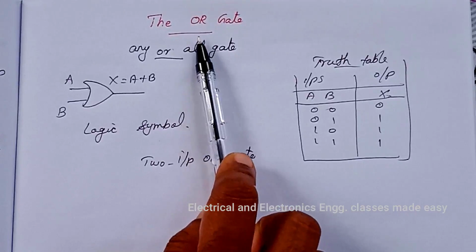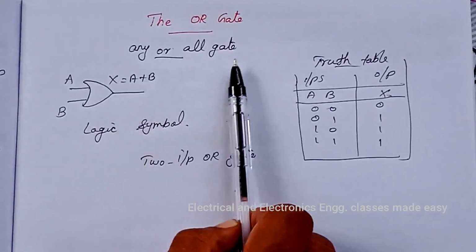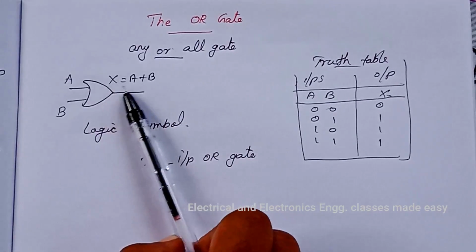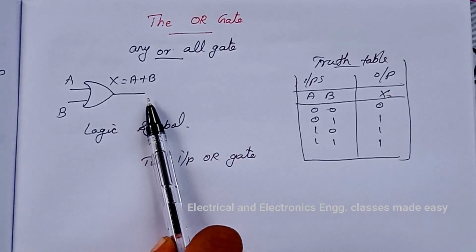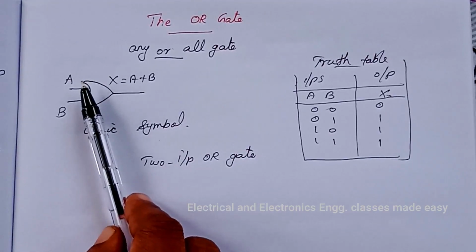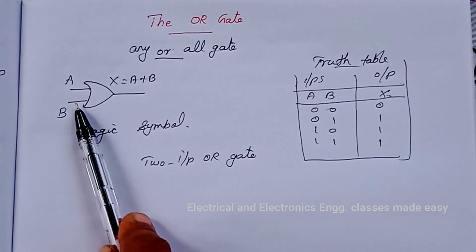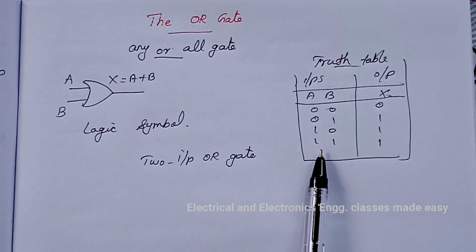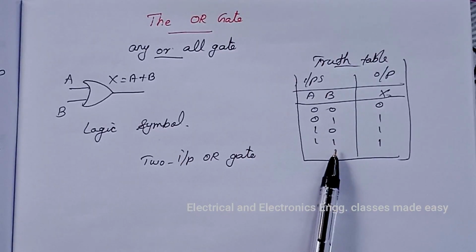Next is the OR gate. The OR gate may have 2 or more inputs but only one output. And here the output assumes the logic 1 state even if one of its inputs is in logic 1 state. This is the truth table of the 2 input OR gate.